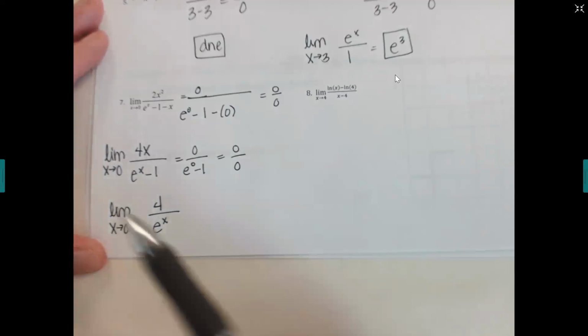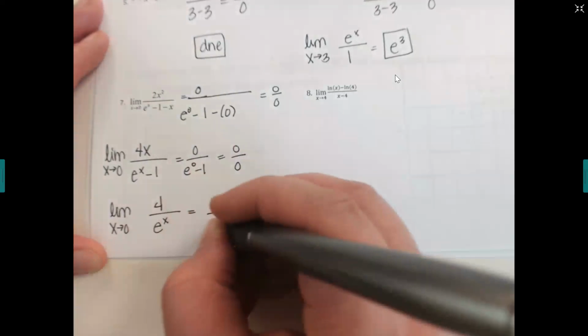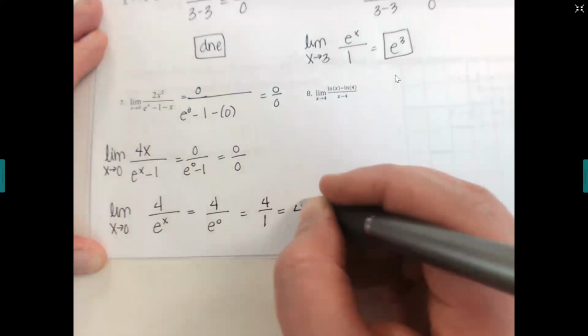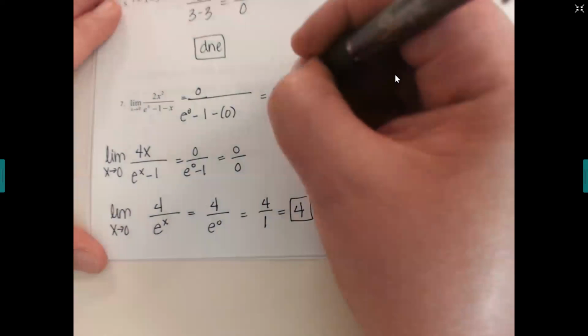When I plug in a 0, the top stays a 4, but the bottom is e to the 0, which is 1, so 4 over 1, which is 4. So remember, you can repeat L'Hopital's rule. The most I've ever seen it on the AP test was 3 times, but you could do it as many times as you want. Good?